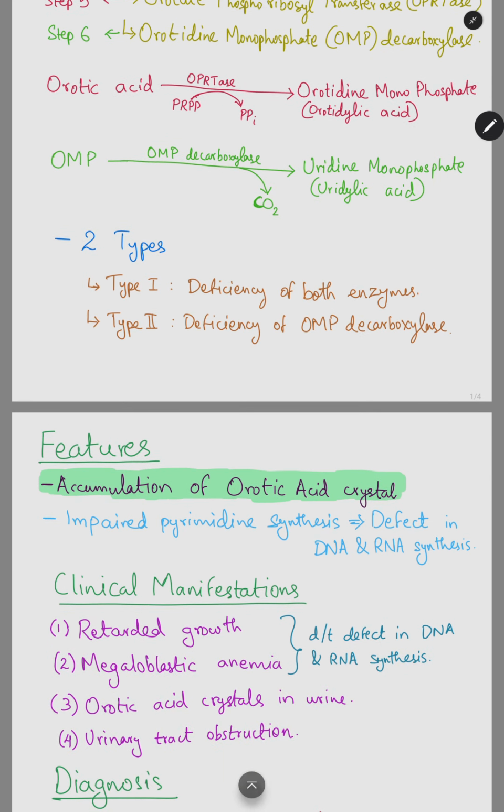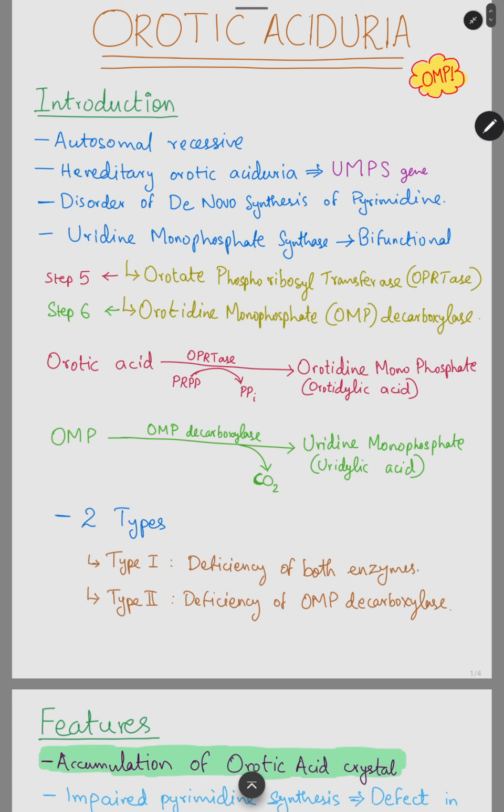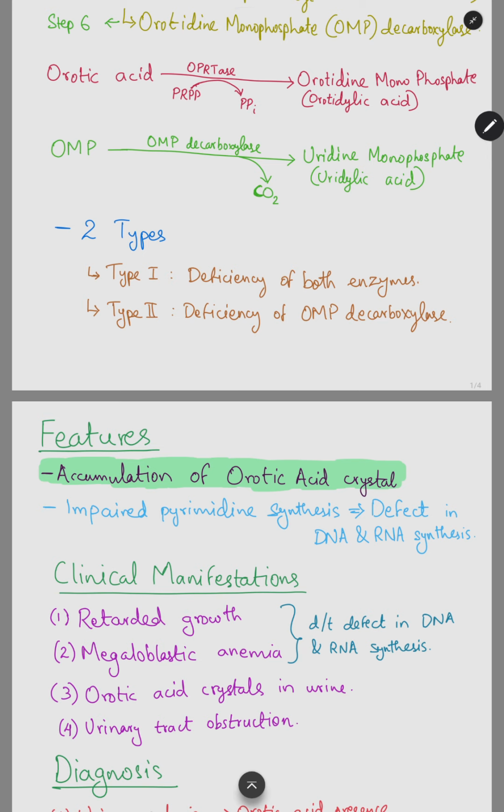Now orotic aciduria has two types, type 1 and type 2. In type 1, both the enzymes, OPRTase as well as OMP decarboxylase, or OMP decase in short, are deficient.